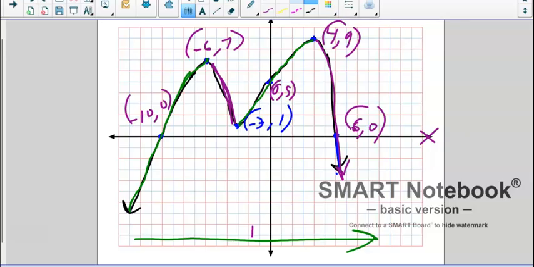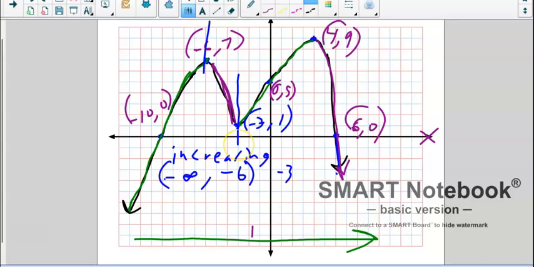Since we're always talking about x, it is increasing from -infinity until you get to this cutoff point right here, -6. And again, at -6, 7, it's not decreasing or increasing, it's just sitting there in space. It's also increasing from -3, right here, because we're always talking about x, to 4, on the x-axis.